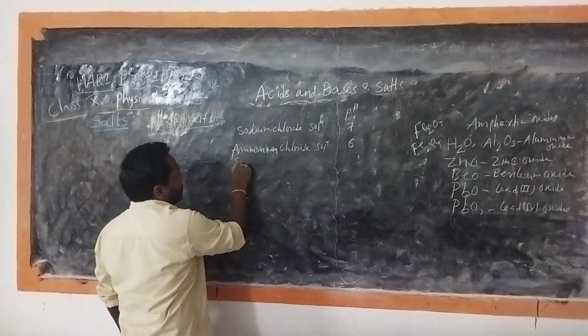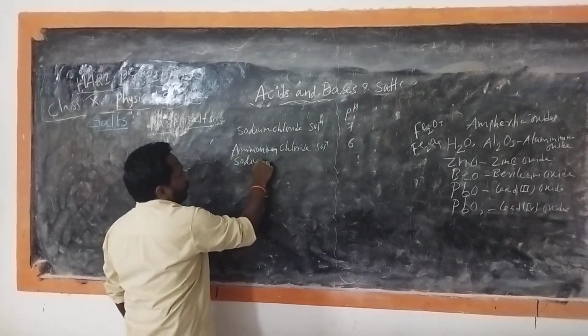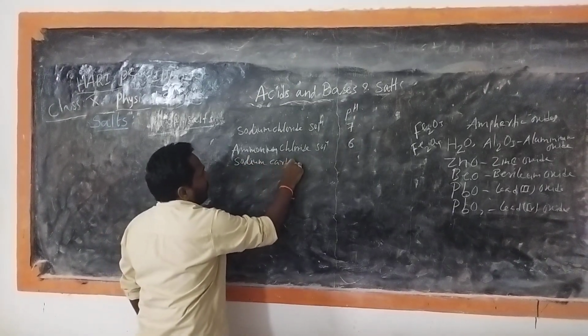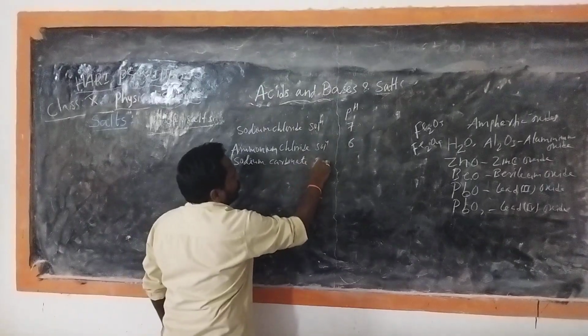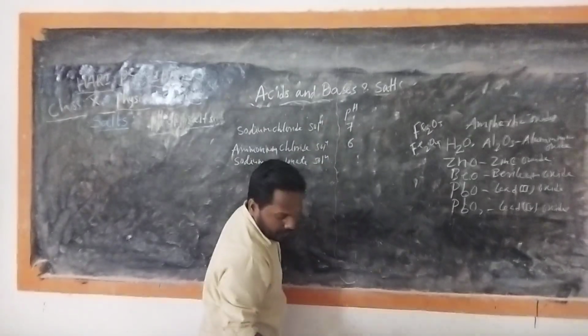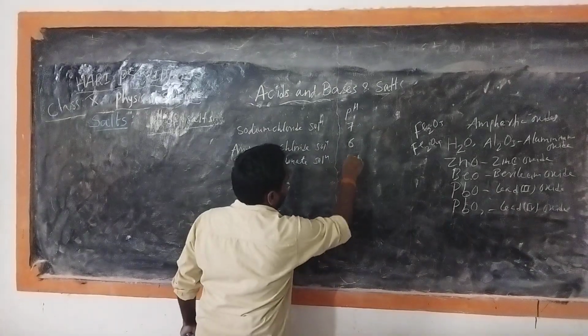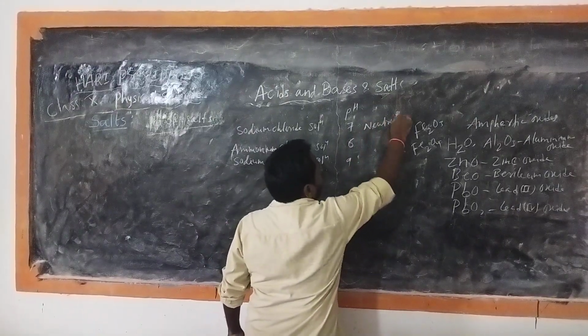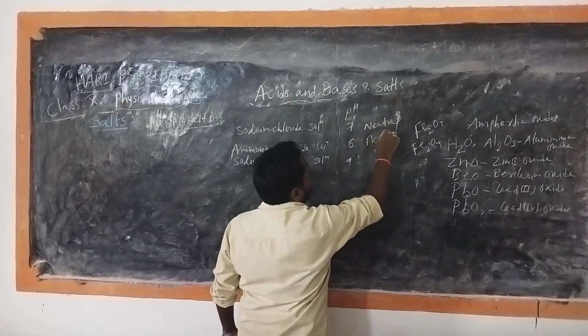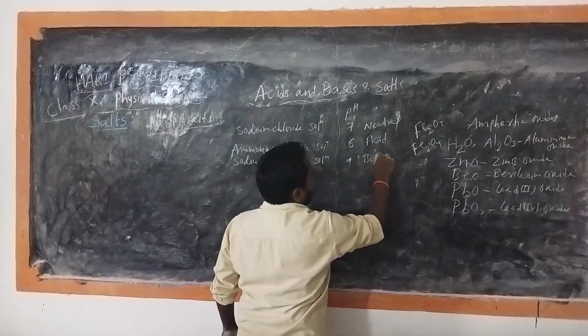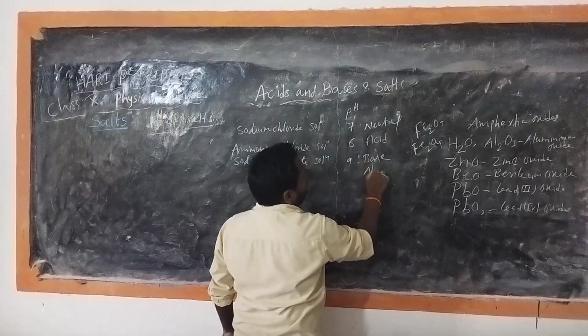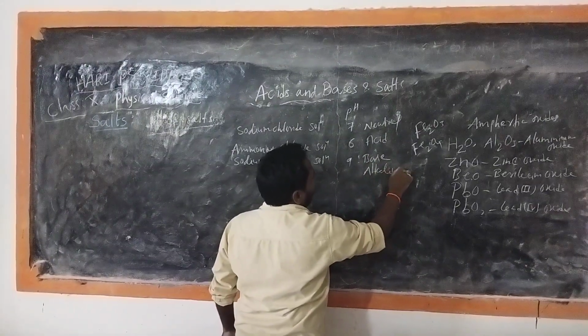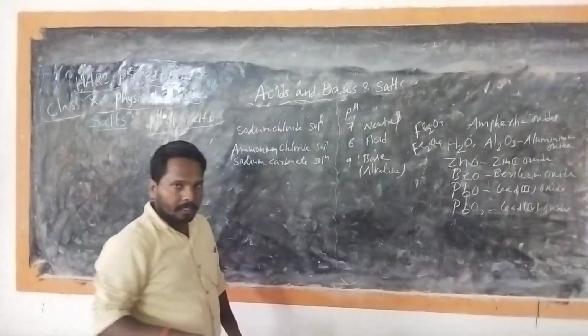Sodium carbonate solution has pH 9. So here the first acts as neutral, the others acidic and basic, or simply we can call it alkaline or alkali.